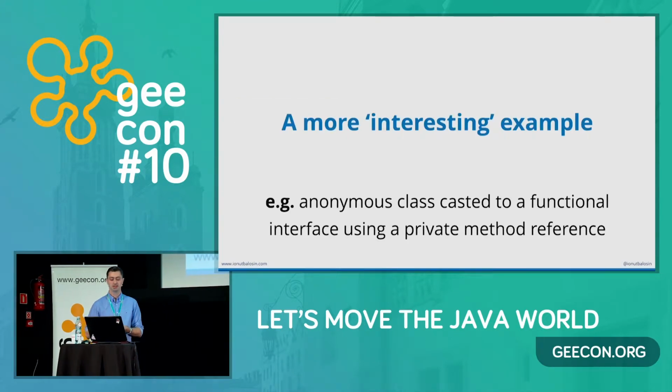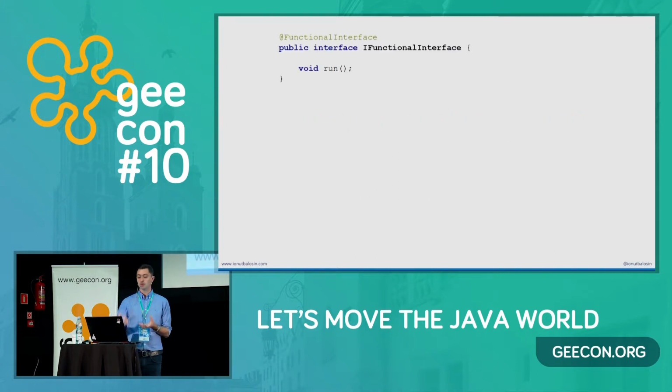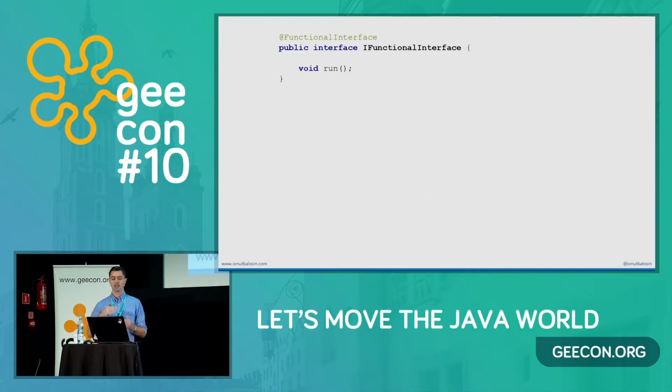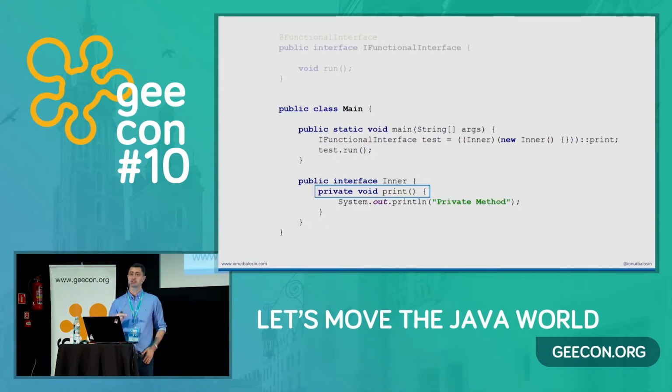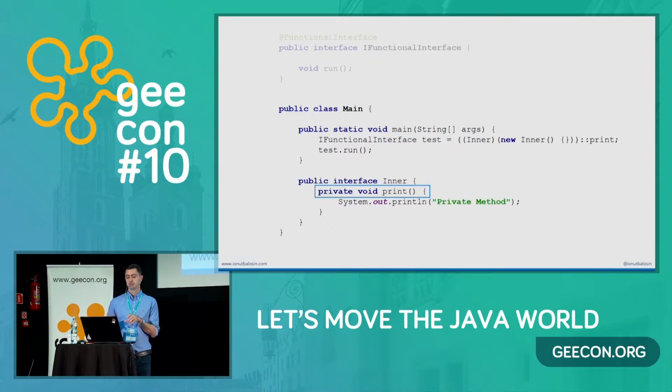By interesting here, I'm referring to the following scenario. Let's have an anonymous class cast to a functional interface using a private method reference. How does this look? We have the IFunctional interface, which has the method run in it, very simple, and we have the class Main, which contains the private interface Inner, you can see at the bottom, and this private interface Inner has the private printInner method.